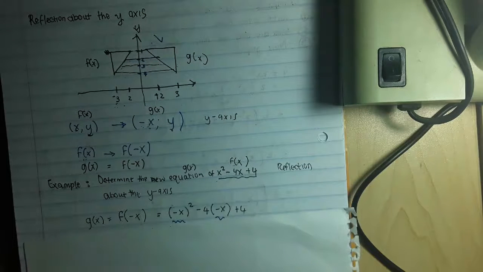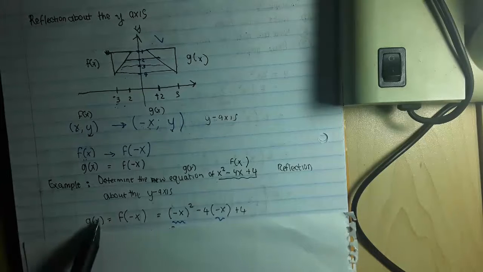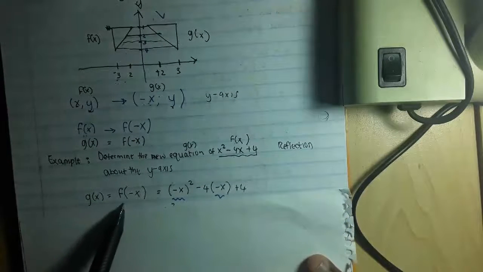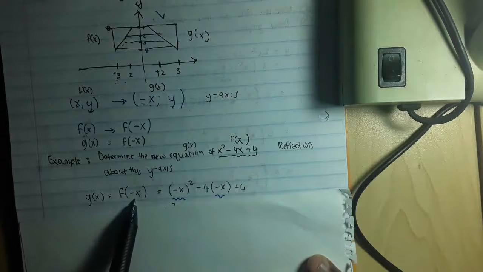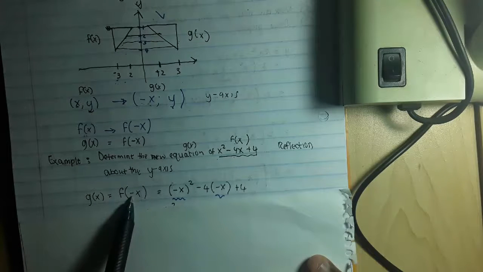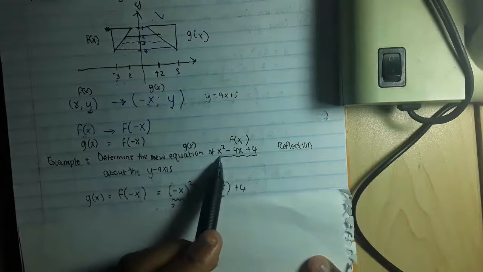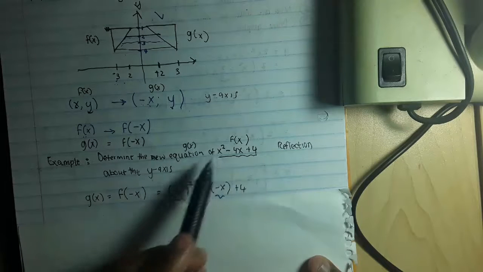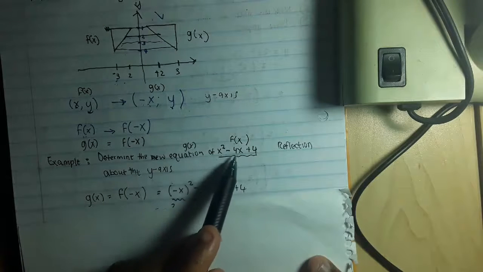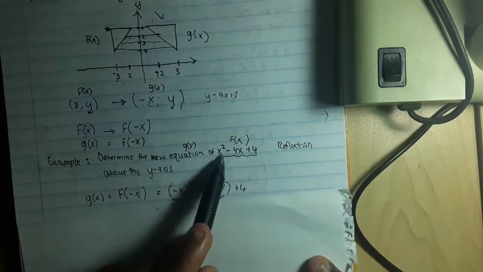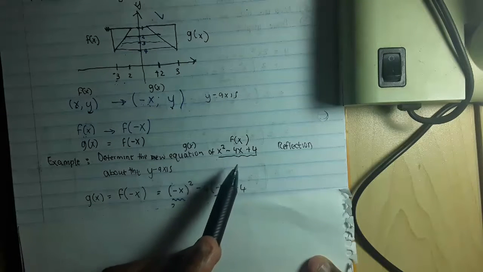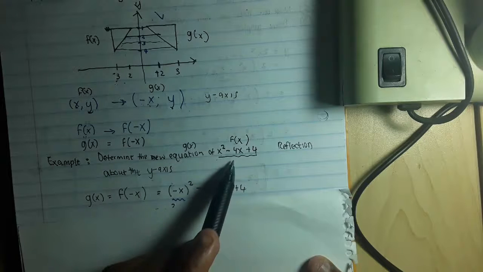So the first thing we do is use that definition. Then we say g of x equals that old graph, but every x value changes sign, so that's why we add a negative. Initially on the old graph we had x squared minus 4x plus 4. Now we add a negative on each of these x's because it's reflected about the y-axis, and when reflecting about the y-axis, x changes.